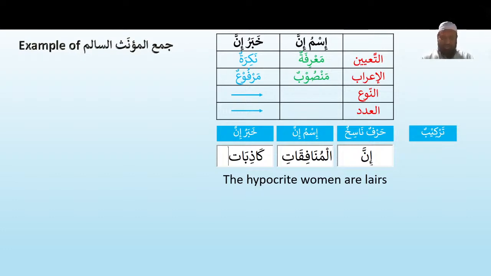Again, we know it is with haraka, but in marfu case, so far all the isms we've learned except al-muthanna and jam'ul muannas salim show i'rab in marfu case with dhamma. Good. Because it's nakira, so tanween. كاذبات. إن المنافقات كاذبات. The hypocrite women are liars.